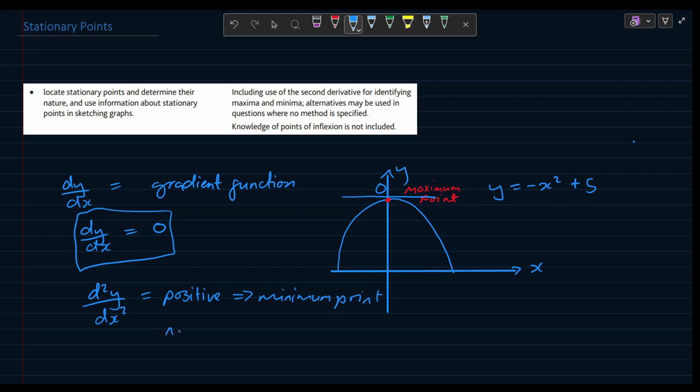However, if it's negative, then we've got a maximum point. Alright, so these are the ideas we're going to be using to first of all find the coordinates of our stationary points and then secondly determine their nature.